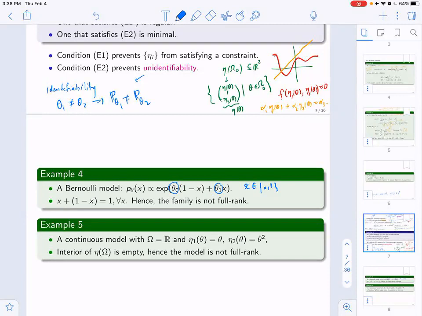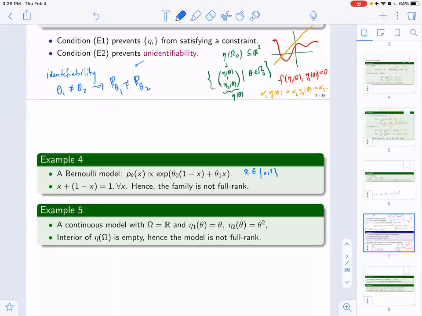If you include these two parameters, then there are cases where the combination of the two would lead to the same distribution for different values of theta 0 and theta 1. And so you can easily verify. I think this might have been one of your homework problems. So this is easy to verify.